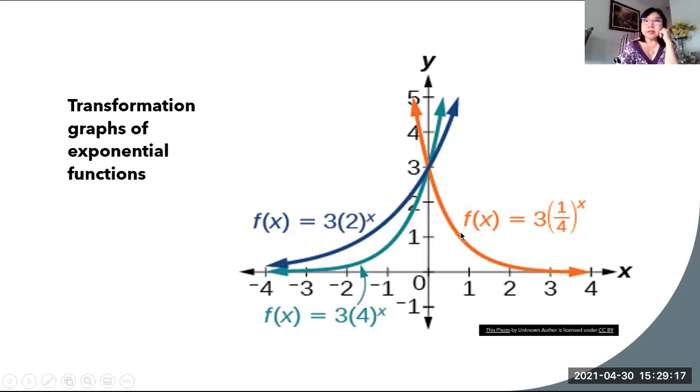So it is a decreasing function instead. This orange function is a decay function because the base here is a tiny fraction, 1/4. Again, because we multiply with the factor of 3 for vertical stretch, instead of 1, it will become 3. So the function crosses the y-intercept at the value of 3.